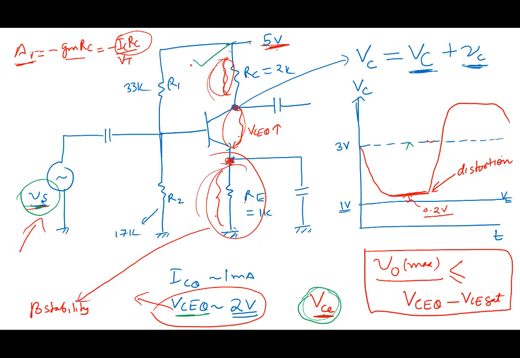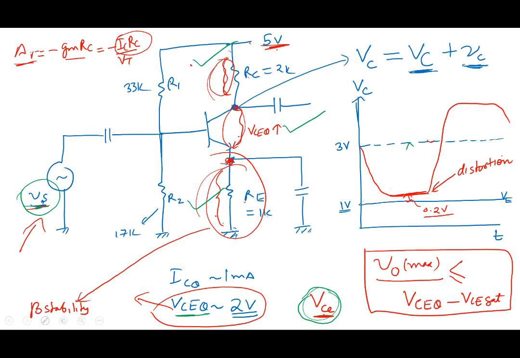So we see the importance of this, and this is also important. The drop here is also important. It decides beta instability: how stable is my biasing here. But even before that, there's another thing that you need to see here, and we'll stop after that. So let me redraw the amplifier. This is our amplifier.